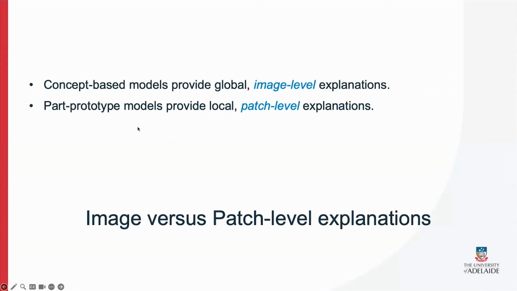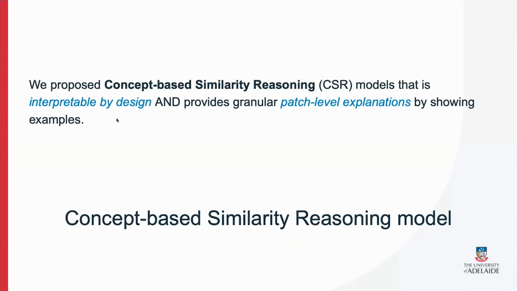While part prototype models, on the other hand, can provide more granular patch-level explanation, which can be more useful for humans. So we propose the concept-based similarity reasoning model, or CSR, that is interpretable by design and provides granular patch-level explanation by showing examples. So it's the best of both worlds.